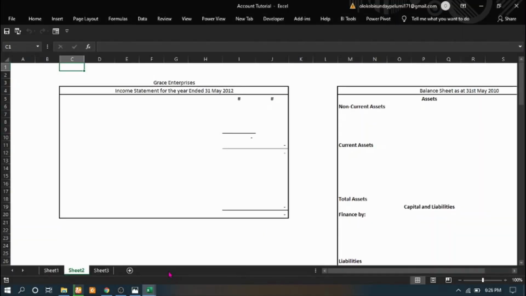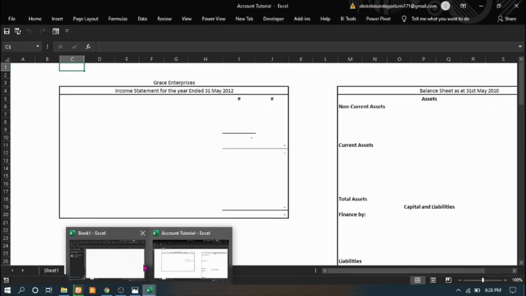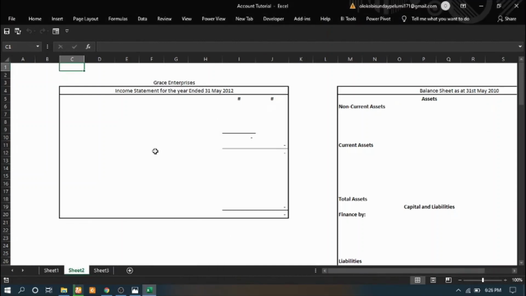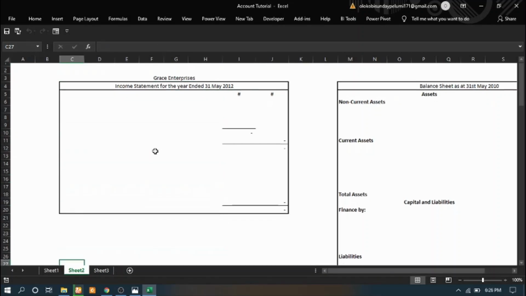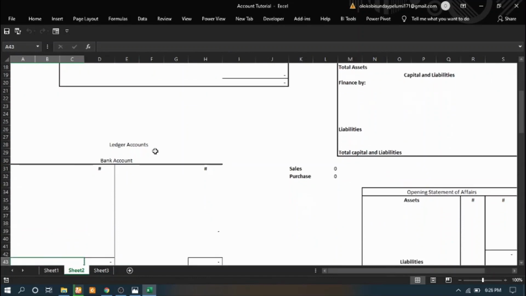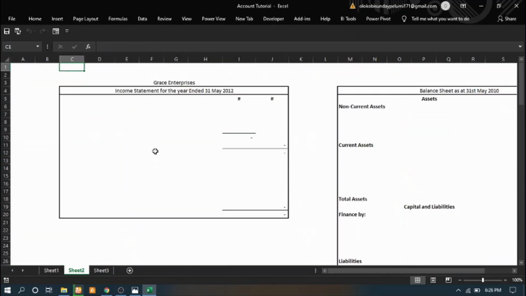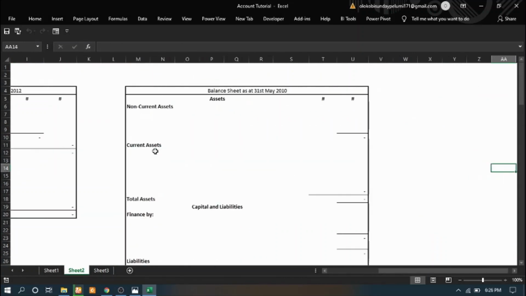So what we just need to do now is to prepare the required accounts, which is the income statement and the statement of financial position, which is our balance sheet.